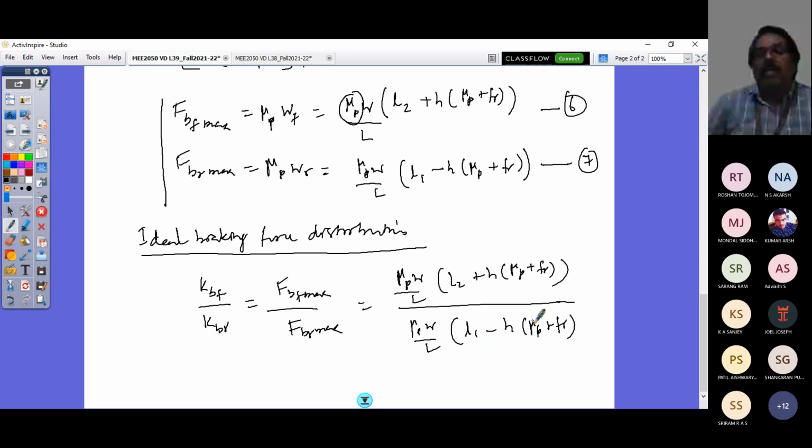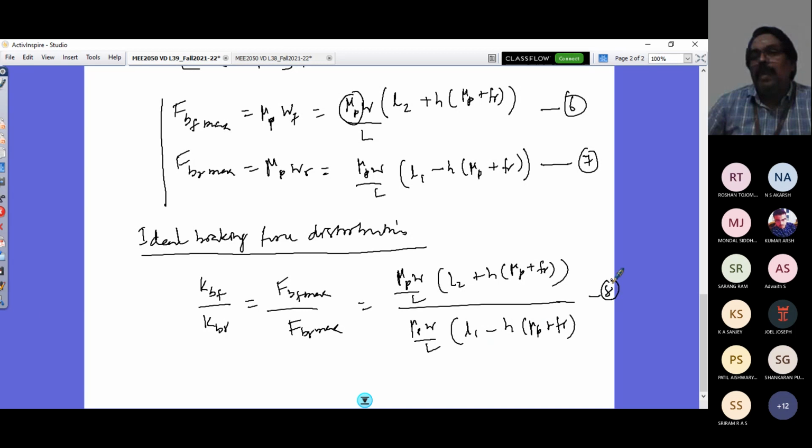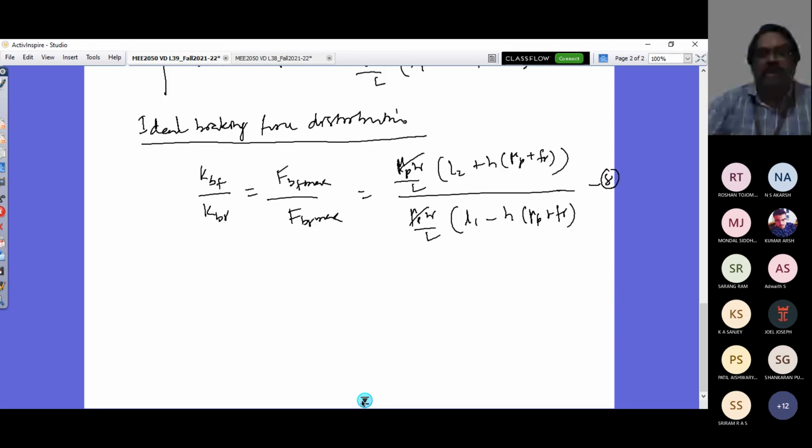So this is the ratio that I get. Let's look at equation number 8. Here W and μp go off, but this L has to be taken inside. So it is L2 by L plus H by L, and L1 by L minus H by L, and so on. To understand this, let me consider a light truck.